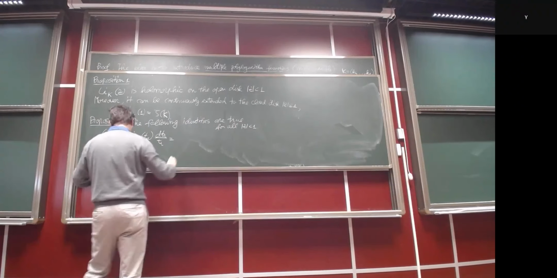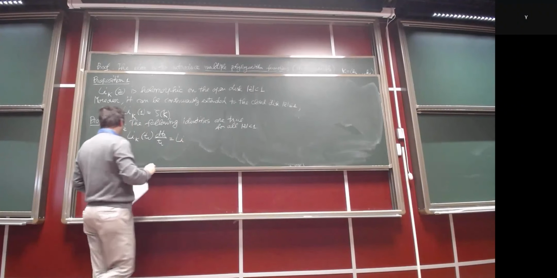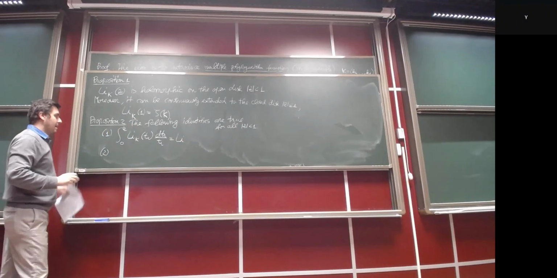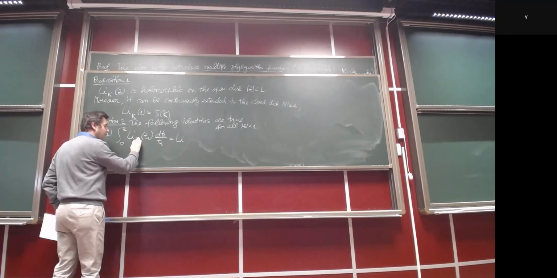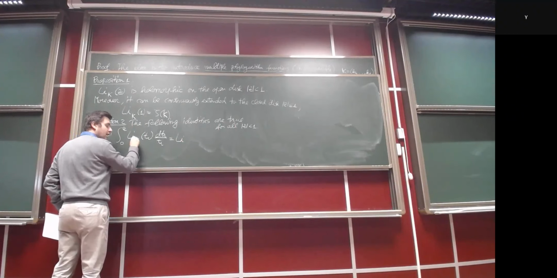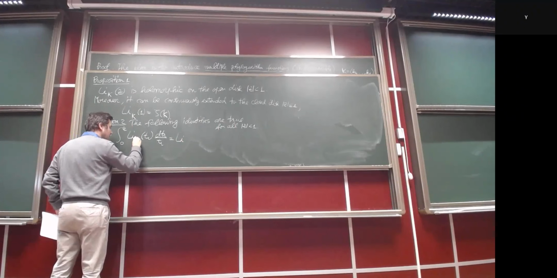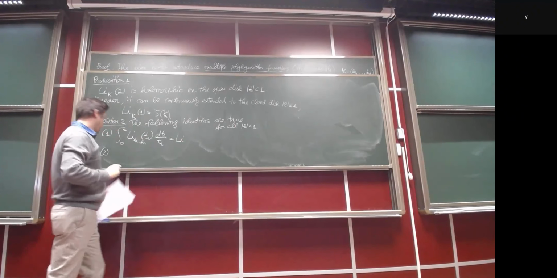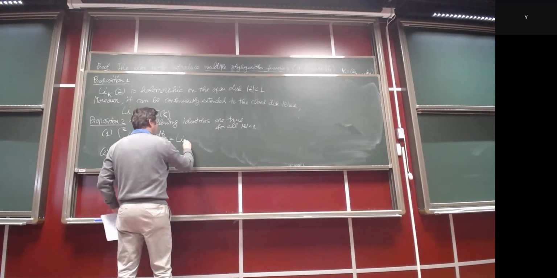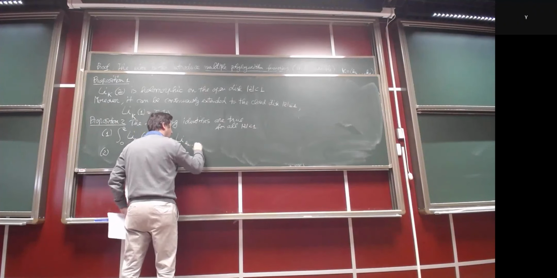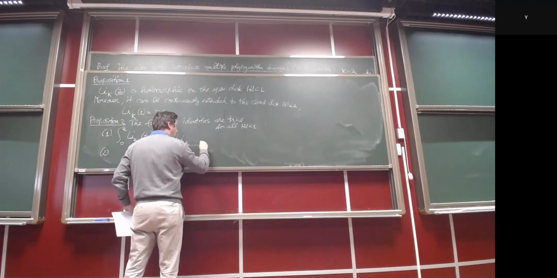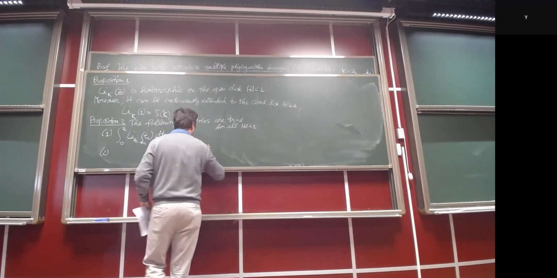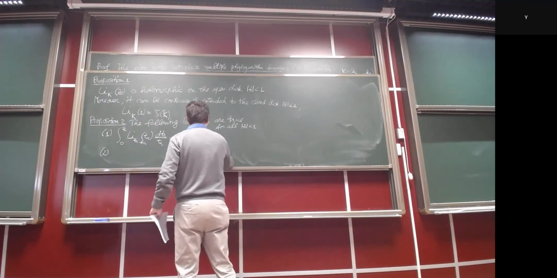This will be Li of, and maybe I should be specific here, because something will happen to the indices. k1 ... kr, right? This will be equal to Li of k1 ... kr plus 1, and we add 1, of z.